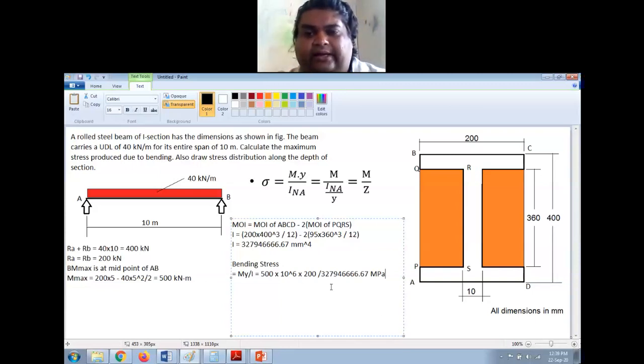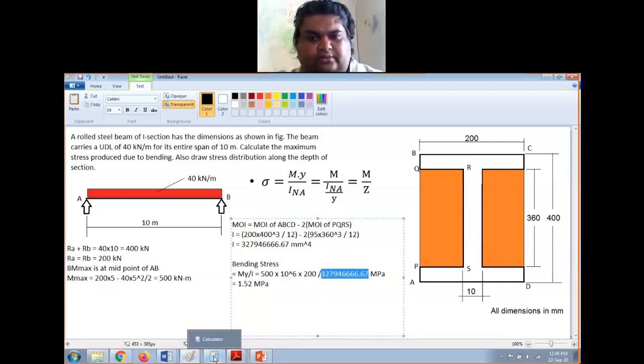So now I have to calculate this. Okay, 1.52 MPa. Anyways, you use 10 raised to 6 here, right? Yes, sir. Down also raised to power 6 is there. So 1.52.